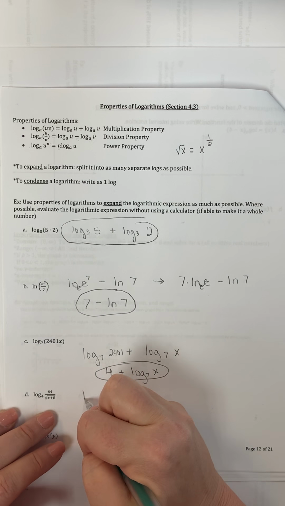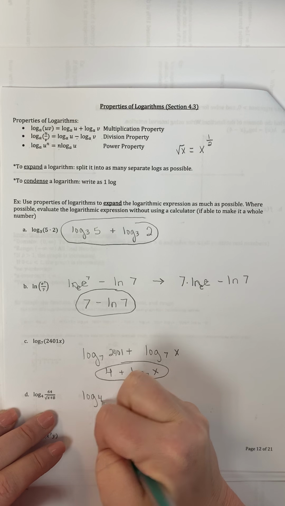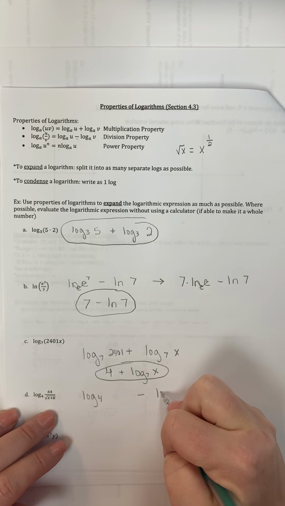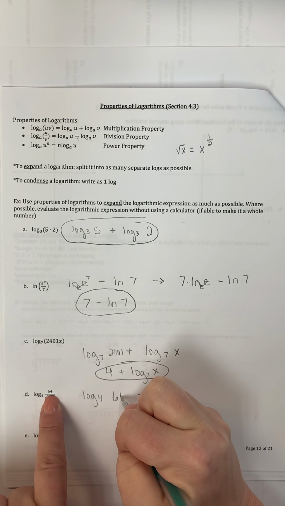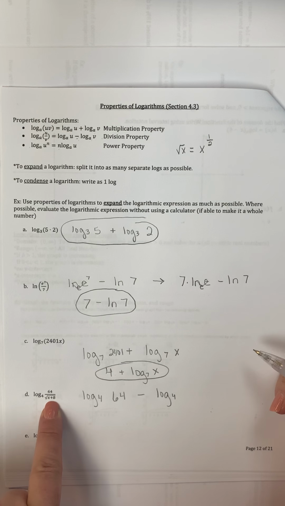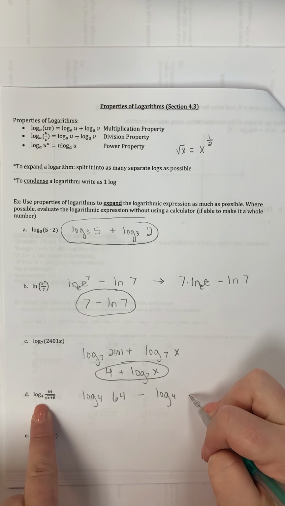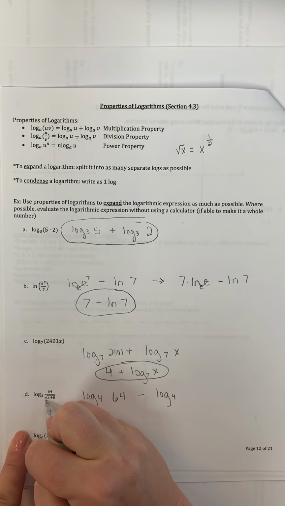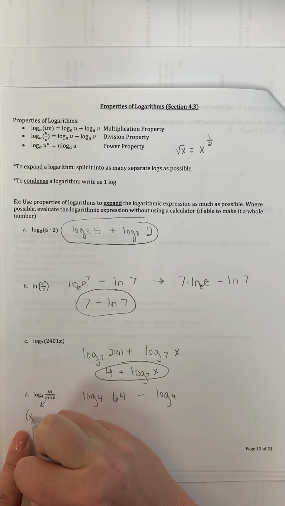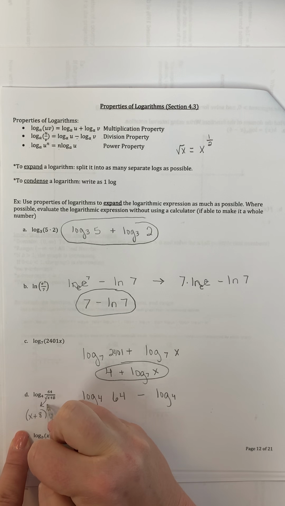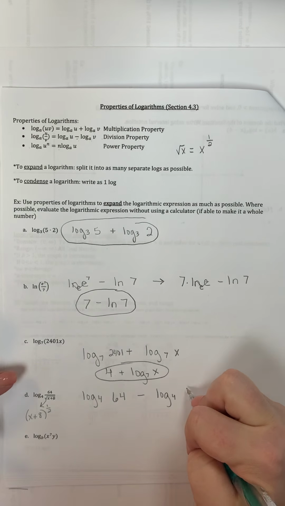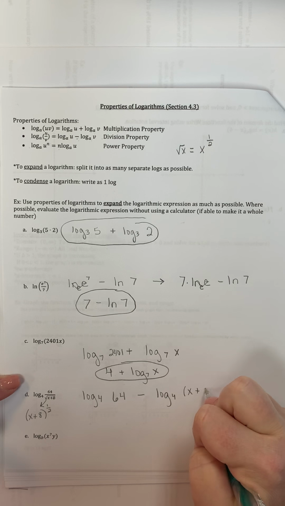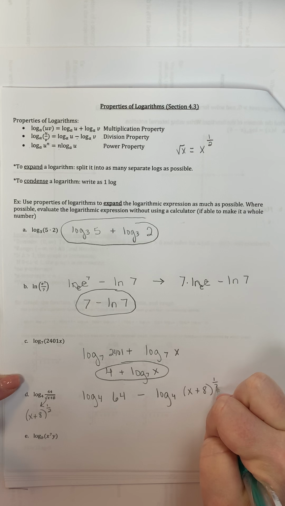Okay, well, I'm going to leave my base the same, and I know I'm going to have a subtraction. The numerator is going to go with the first log. The denominator is going to go with the second log, but I'm not going to write the denominator the way that I see it. I'm going to rewrite him with parentheses indicating the whole thing is under the power of 1/2, and I'm going to put that as my argument.